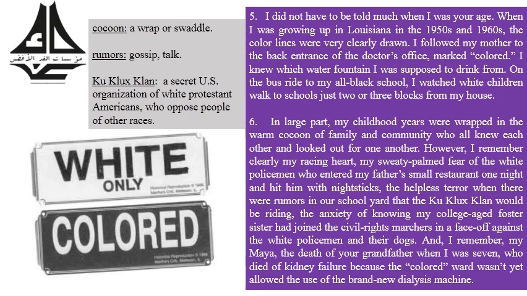So these two paragraphs highlight the mother's own childhood experiences. She says, when I was growing up in Louisiana in the 1950s and 1960s, the color lines were very clearly drawn. This means that segregation was strictly defined, that black people knew their exact place in society.